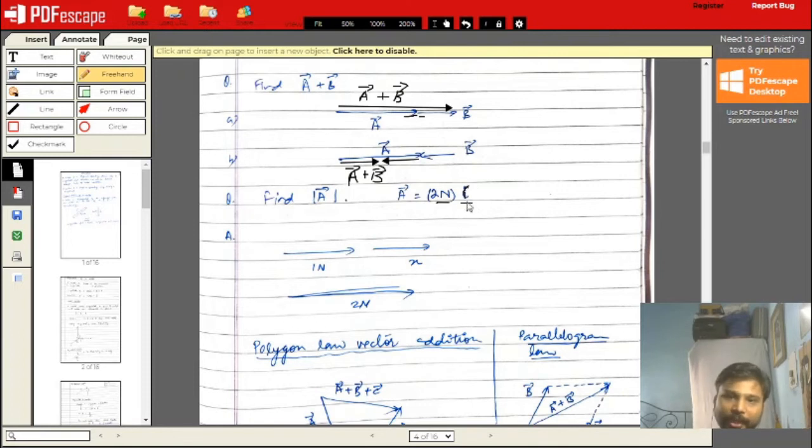So we know that I cap is the direction. The quantity which is beside the direction, or you can say the coefficient of direction, is called the magnitude of the vector. So here the direction is this.